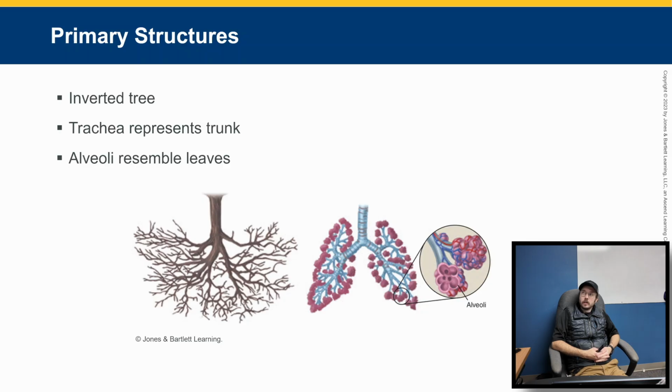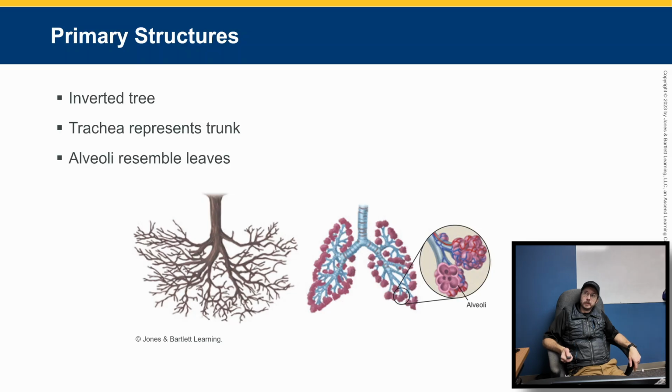So on the left here, we have a picture that represents what your right and left mainstem bronchus would enter the lung, and it would enter the lung here in this representation, and then it would go down, and here where you see these main branches, those would be bronchioles.